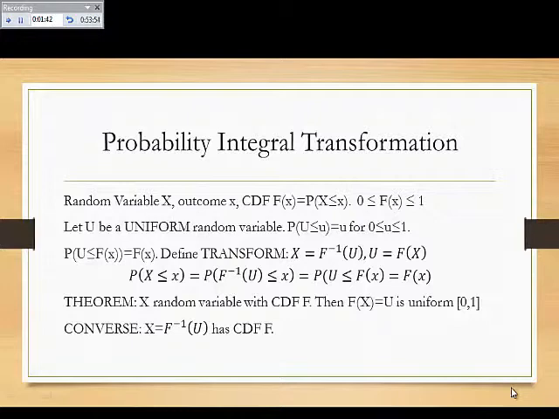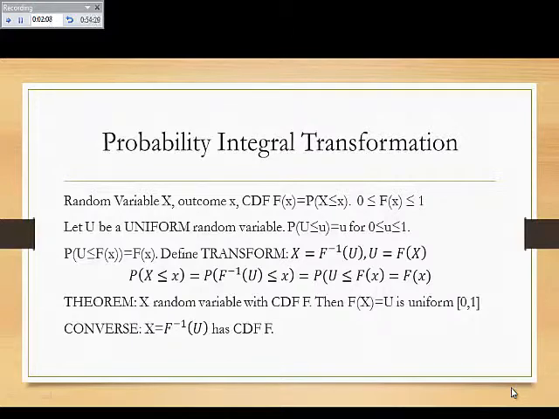Take any random variable X such that U equals F of X. So this is taking a random variable X and applying its own distribution function to transform that random variable. It's a way to actually smooth that random variable.